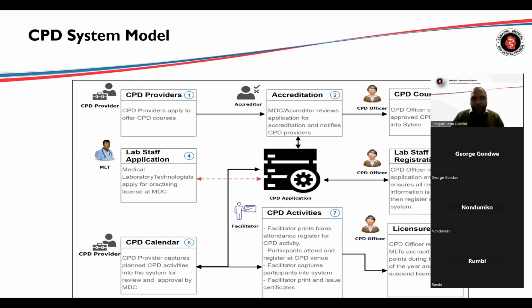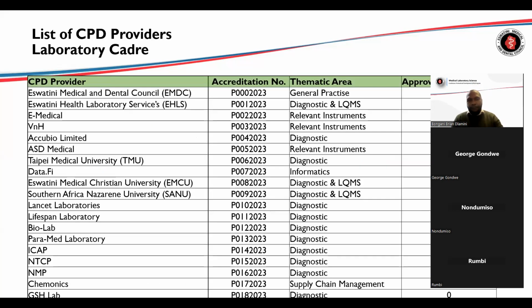Then we also publish the CPD calendar, just like the one you are having today, whereby we synchronize this calendar with the MOH training calendar. We invite all organizations, partners, and institutions who have trainings scheduled for the laboratory to get them CPD accredited, so that they can offer you the relevant points you need for your practice.